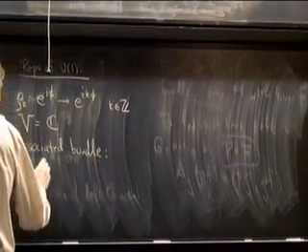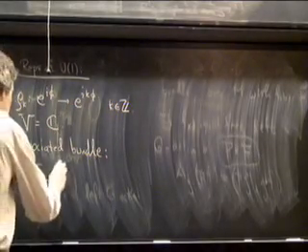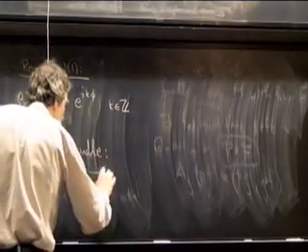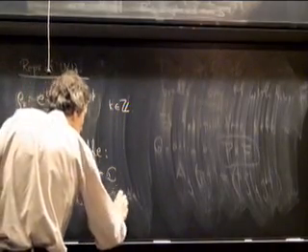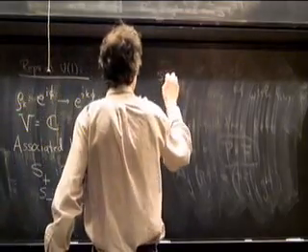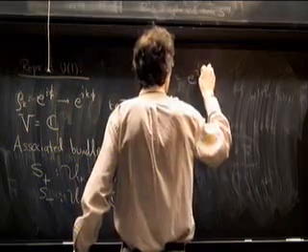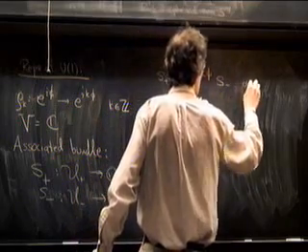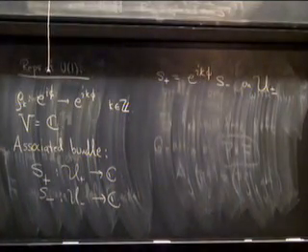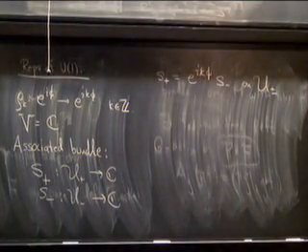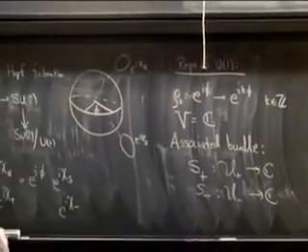Well, the sections would be given by functions S plus from U plus to C, S minus from U minus to C, such that S plus is equal to e to the I k phi S minus on U plus intersect U minus. So if we were e to the I chi north, I could also call e to the I chi plus, e to the I chi south is e to the I chi minus.